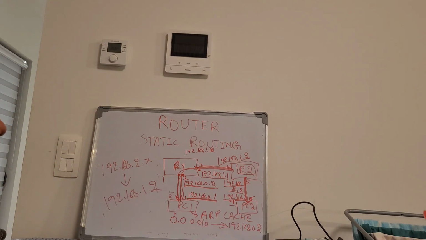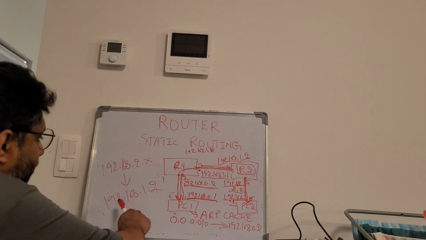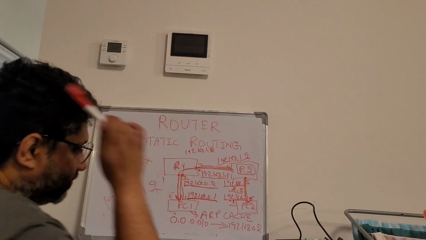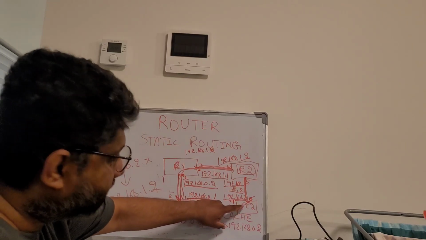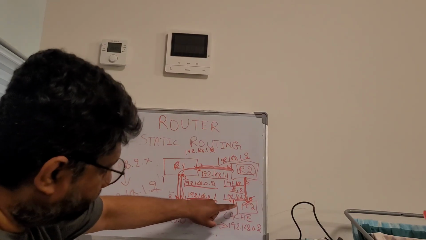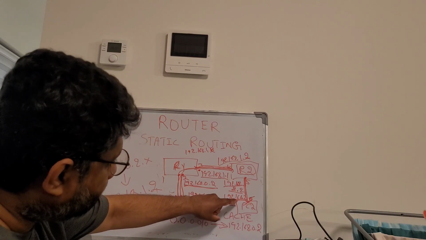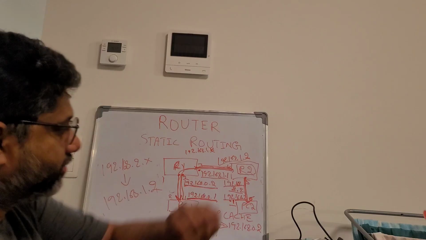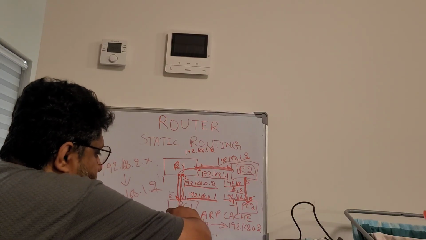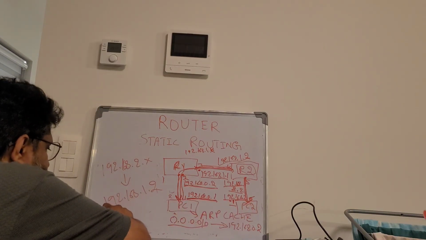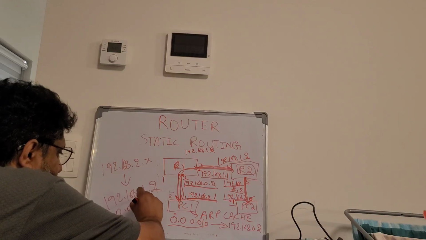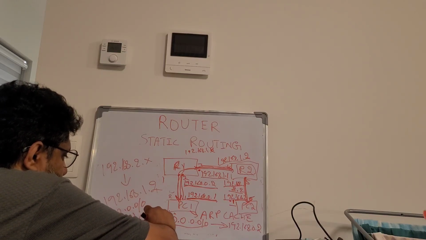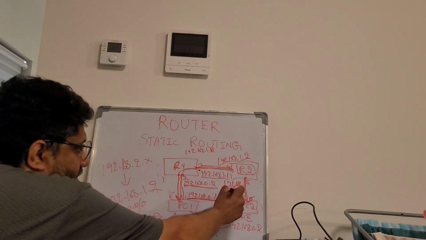Now PC2 received the packet which is from 192.168.1.1 to 192.168.2.1, but when it tries to reply, PC2 doesn't know how to reach 192.168.0.1. So for that we need to add a default route in PC2: 0.0.0.0/0 points to 192.168.2.2, which is this address.